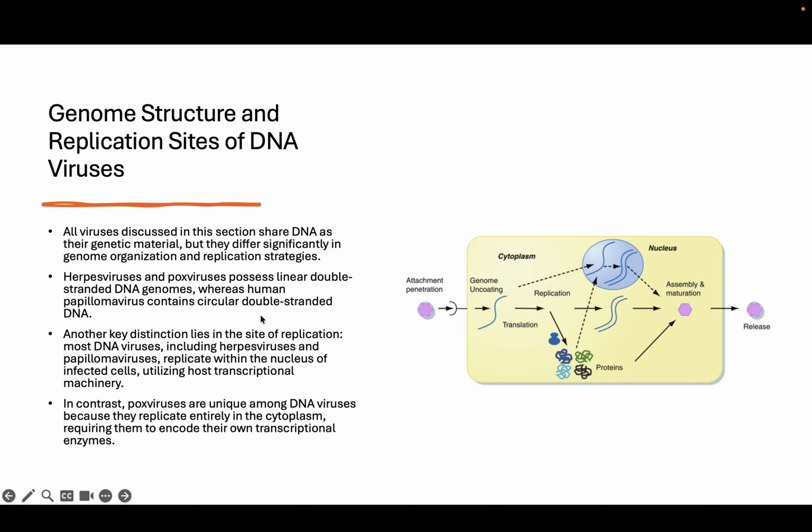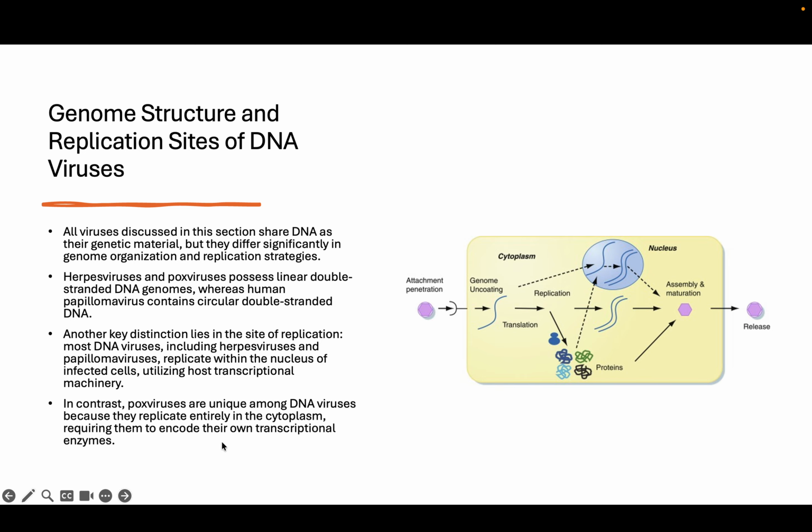But as we know, the majority of DNA viruses, or almost all of them, replicate in the nucleus. Because they have DNA, they require certain machinery which is found in the nucleus. They utilize the machinery coming from the host, which is found in the nucleus. There's only one exception to this, which is the pox viruses.